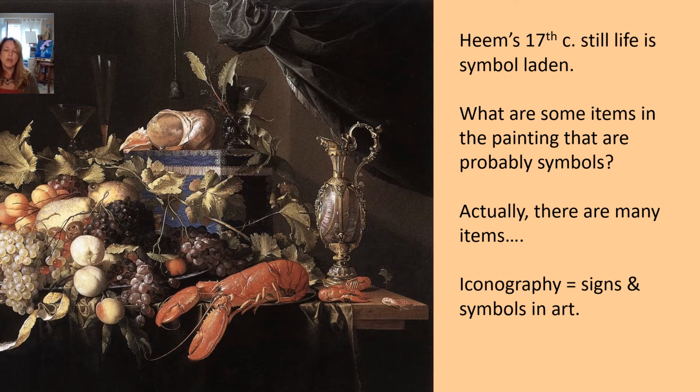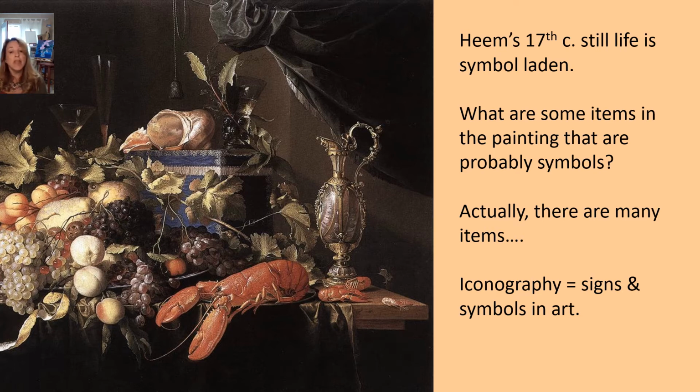So in that way, you can make a connection between a shell and mortality. Fruit, flowers, again, you can definitely see a connection to mortality with that. Glass is fragile. Glass is breakable. You don't want to depend on glass always being there because it can easily break.